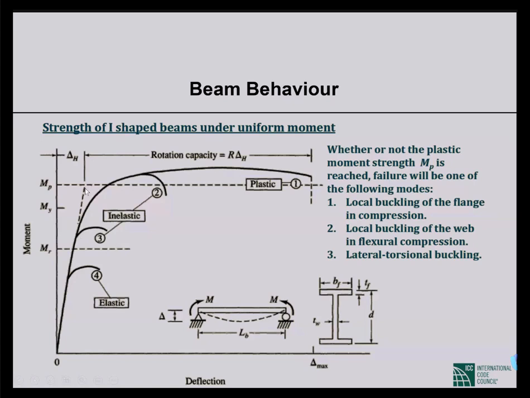In that case, the ductility will be less, that is, deformation capacity or rotation capacity will be less, but we may have reasonably high capacity in terms of moment or strength. And when we have elastic buckling, then the capacity will be very low and the ductility will also be low. These are the scenarios we have.